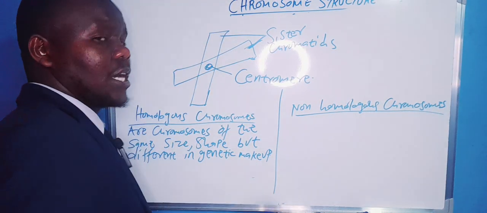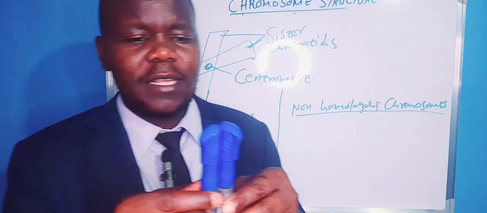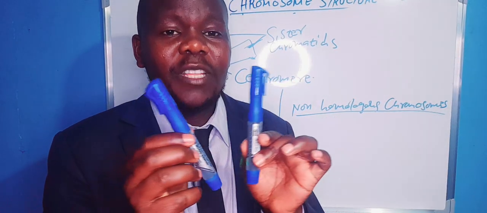We are saying homologous chromosomes, they have the same size. You can check these two pens, they are of the same size. They are homologous, right? So they are of the same size. You can check they are of the same shape.